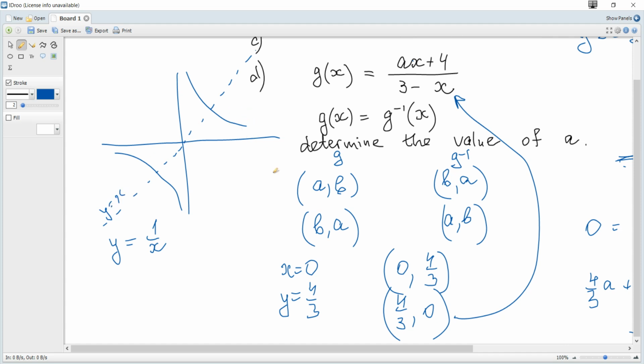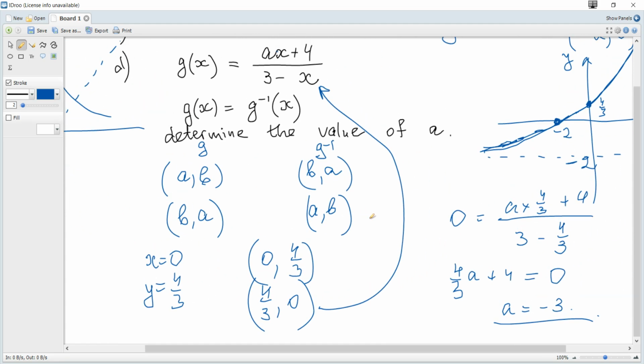And we can see our property from a graph. For example, when point 1, 2 belongs to a graph, 2, 1 also belongs to the graph. It's because it's symmetrical about y is x, and since this graph is also the graph for the inverse, the same points will belong to the inverse. And that's all for this question.